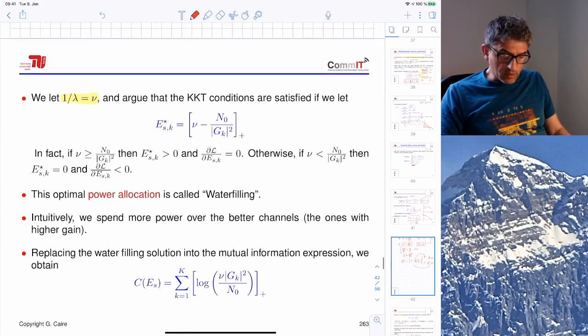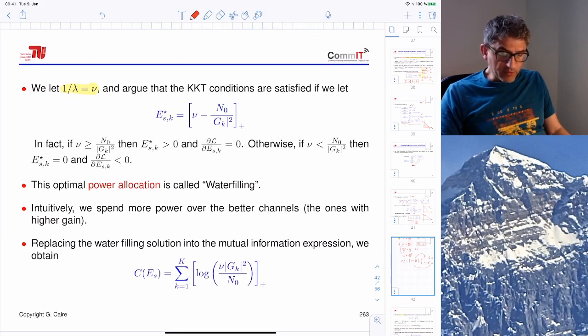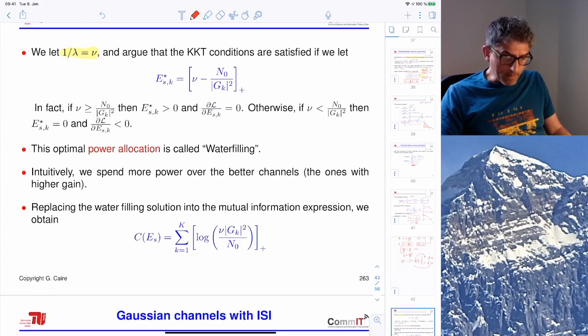And now we have to find the value of nu. How do we find the value of nu? We replace this back into the constraint equation.